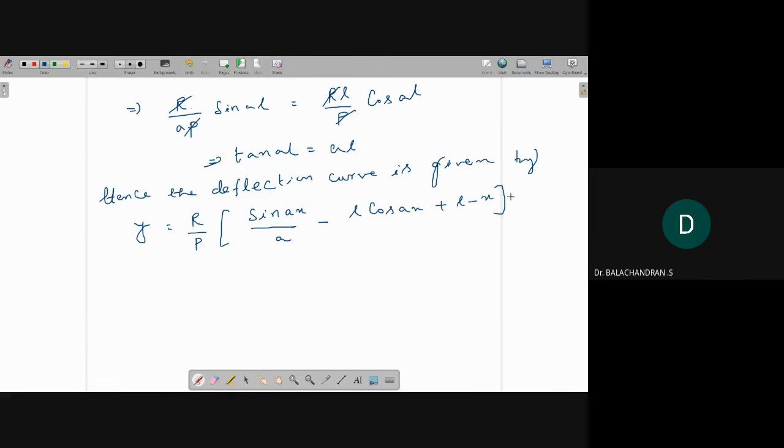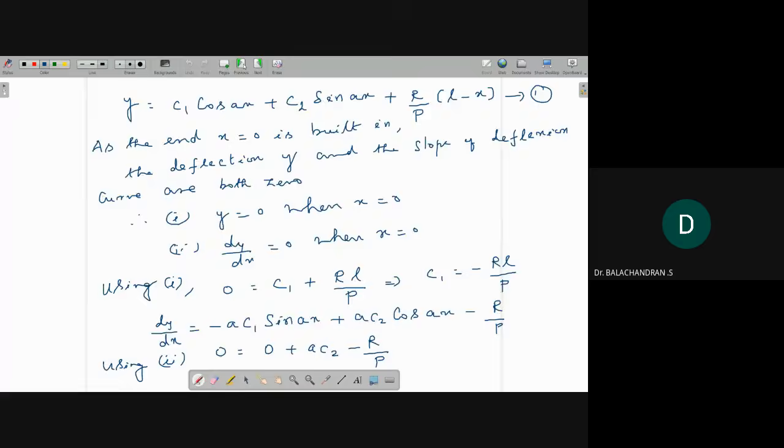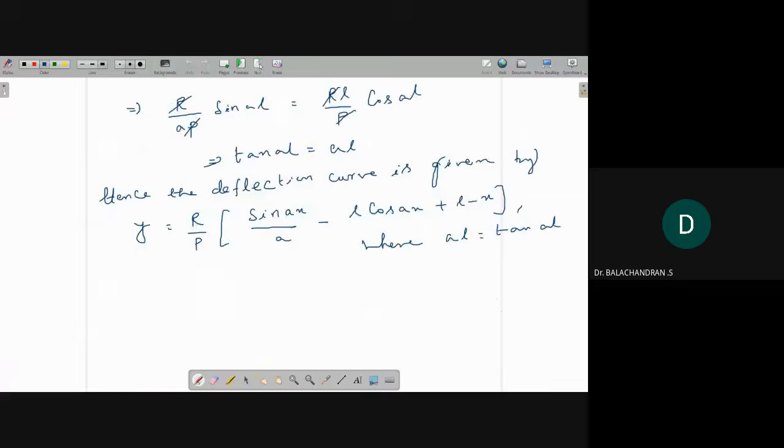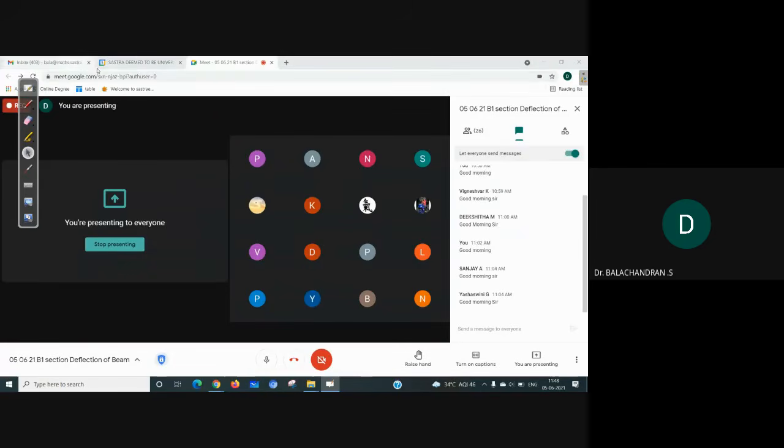So this is y, where aL equals tan aL. Please check it, I think this is what you need to prove. So the deflection curve is equal to this expression where aL equals tan aL. Okay, so now the third problem.